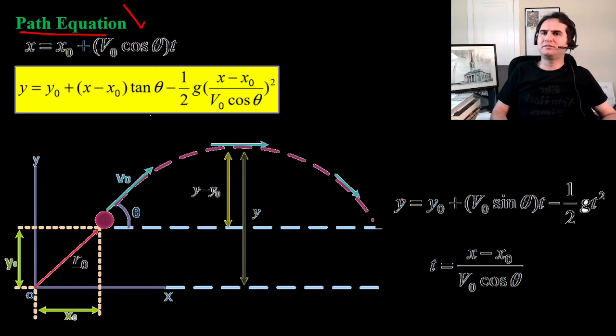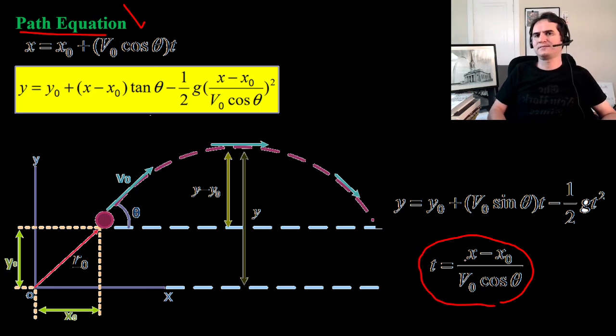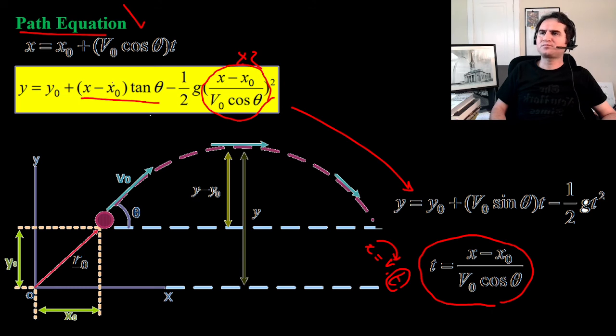If you remember, you replace t by x minus x naught over v naught cosine of theta, since x is equal to vt, so t is x over v.